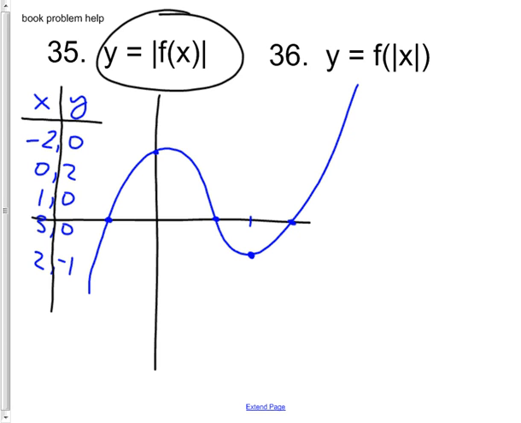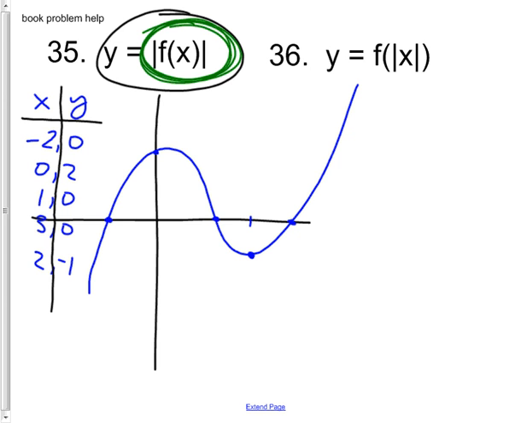And if they put the absolute values around the f of x, what's f of x the same as? The y's. They're telling you they want you to take all the y values and make them what? Absolute value of that. What's the absolute value of anything turn out to be? Positive. So when you're done absolute valuing all the y values, you won't have any negative y values anymore. Do you get that?